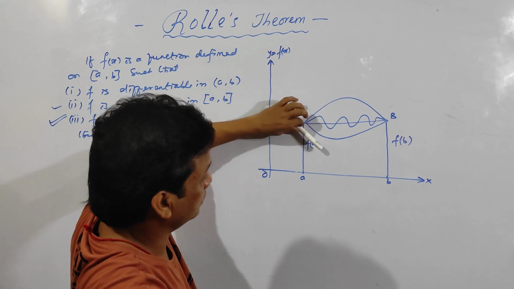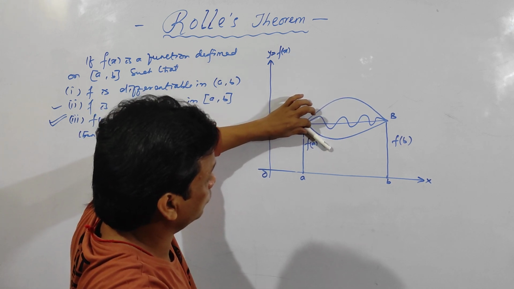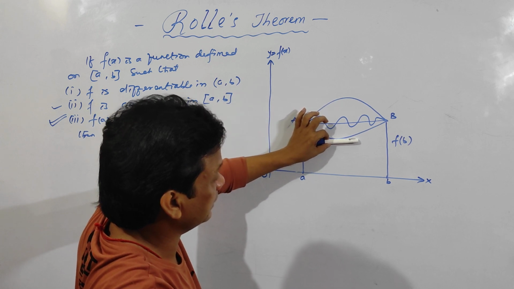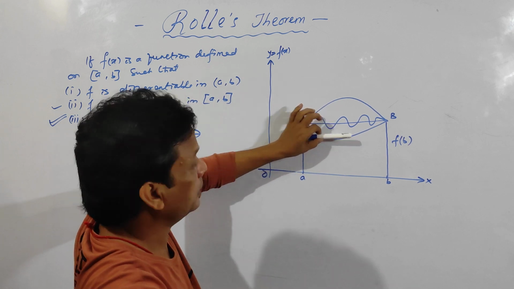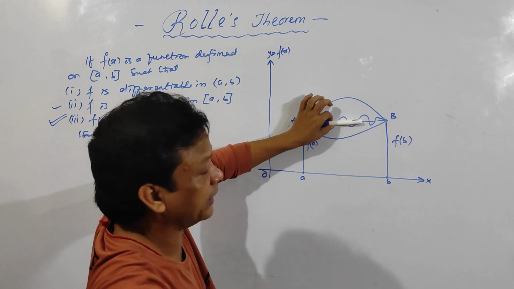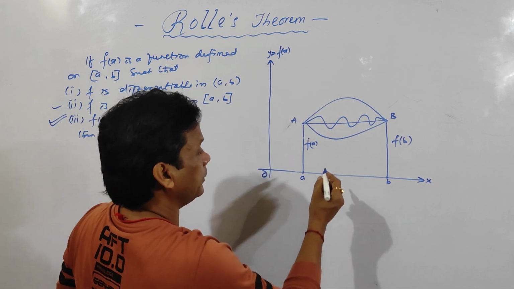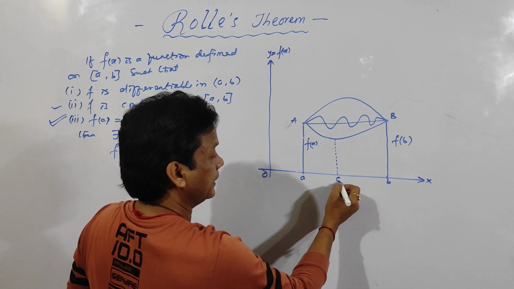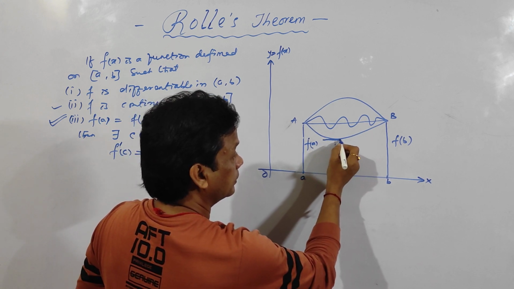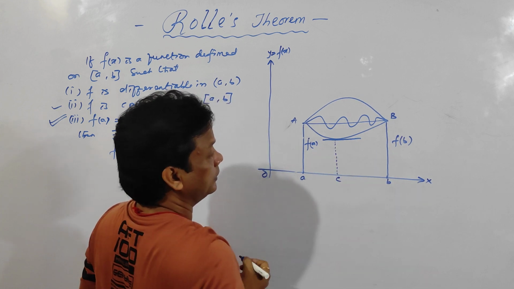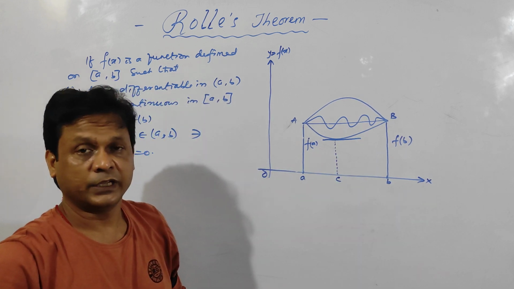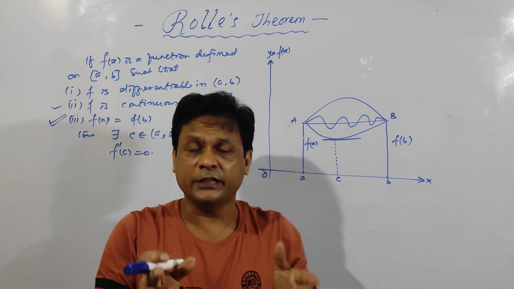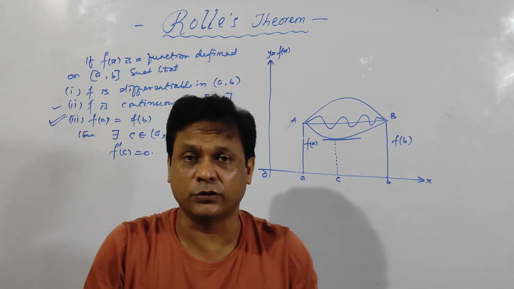Like this here, if I move the tangent, at this point the tangent becomes parallel to the x-axis, and the straight line itself is parallel to the x-axis. So if I take this point as C, here the tangent is parallel to the x-axis, and if a line is parallel to the x-axis, then its slope is 0.